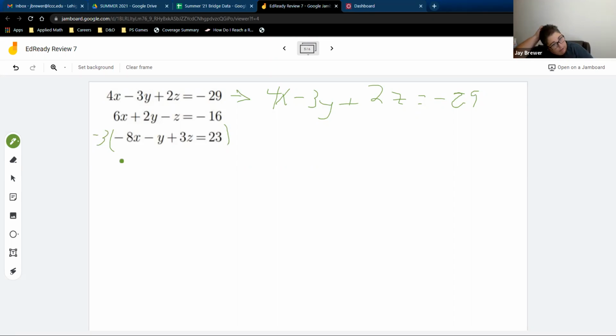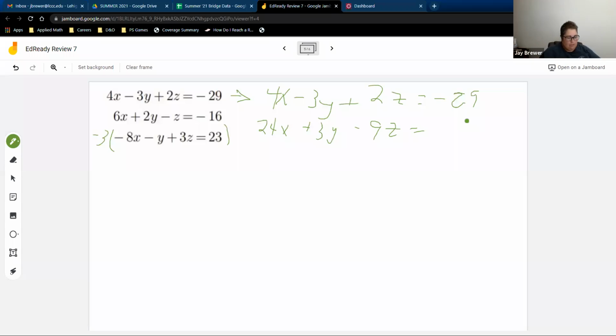So negative 3 times negative 8 will give us, what is that? 16, 20, 24. So positive 24x. Positive 3y minus 9z. And I did this a little bit differently for you guys than I did on my scratch papers.